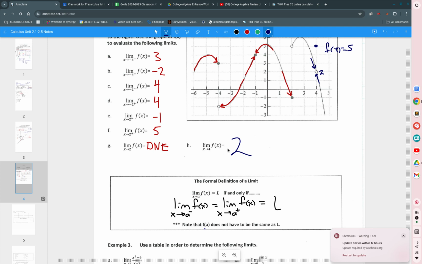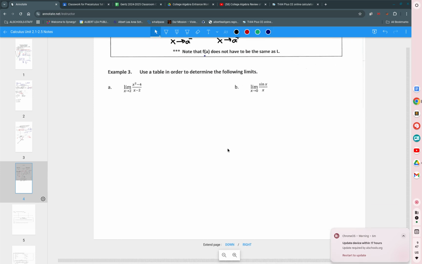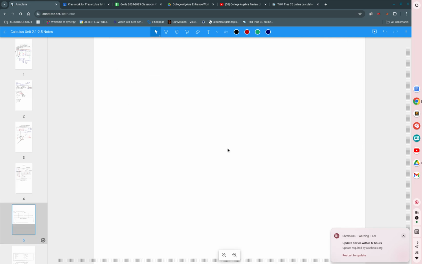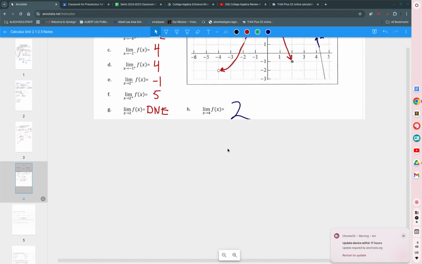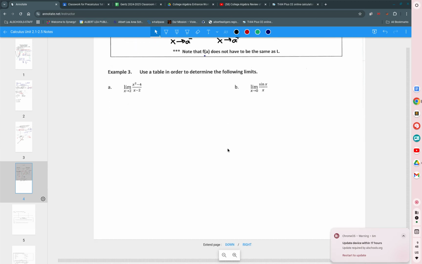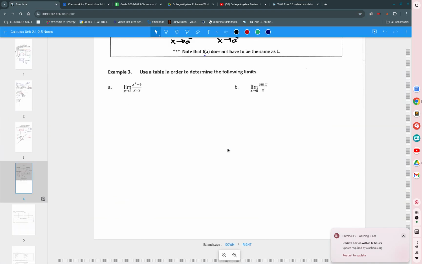Is everybody clear? Excellent. Take out your calculator and type in x squared minus 4 over x minus 2. And what we would like to do in this situation is it says use a table in order to determine the following limits.